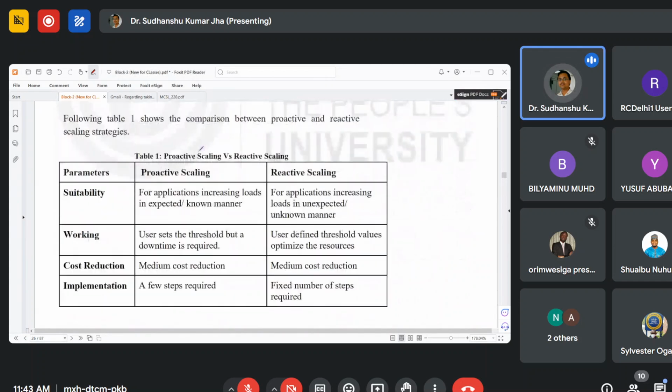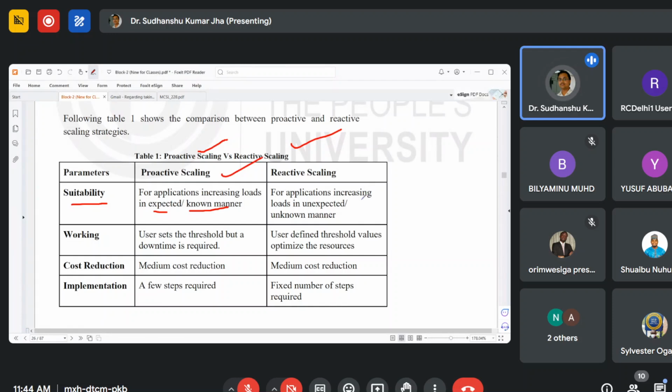If we see the comparison between proactive scaling and reactive scaling, look at suitability. For an application with increasing loads in an expected or known amount, not a sudden spike in the load, we may go with proactive scaling.